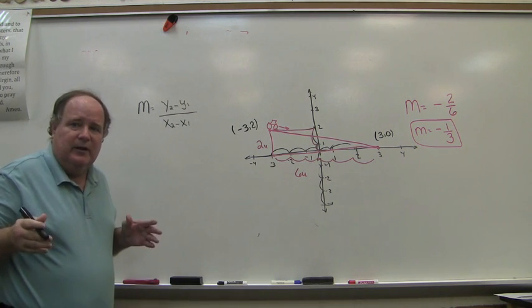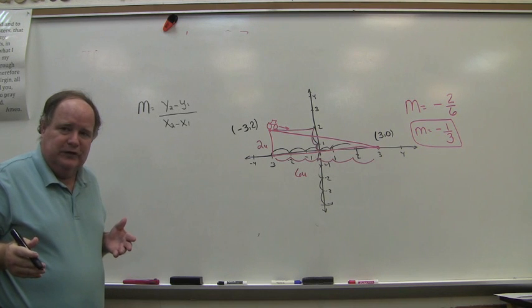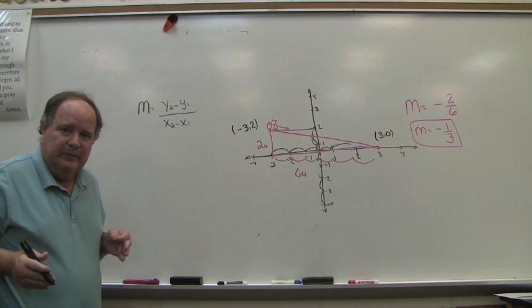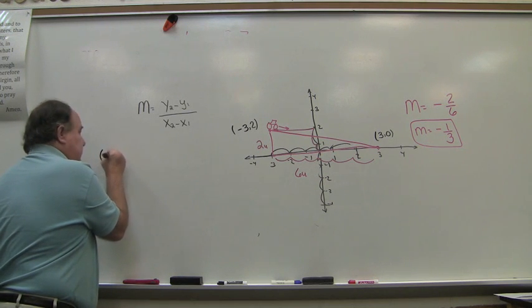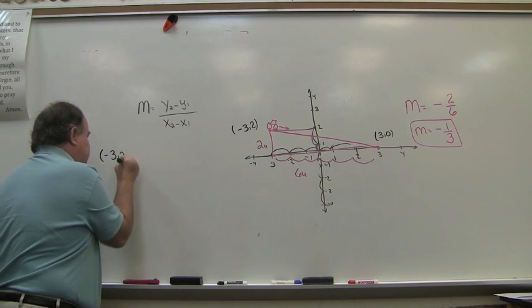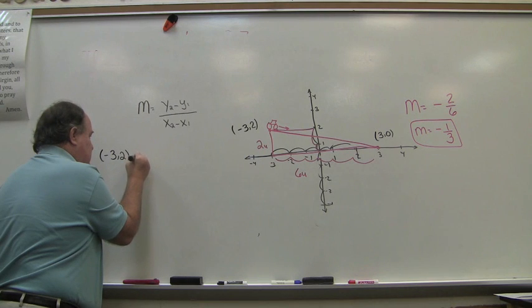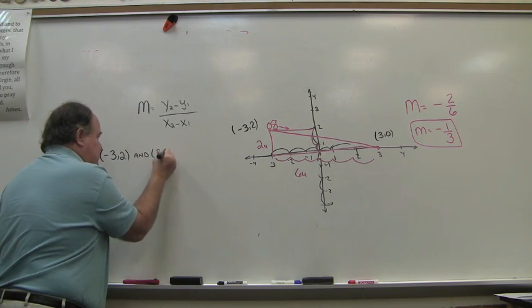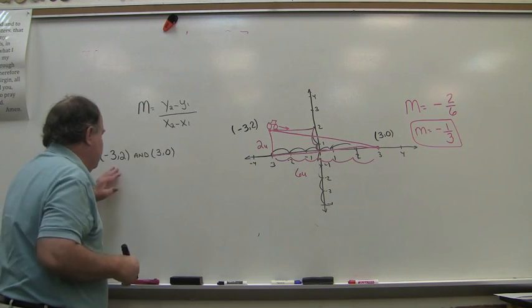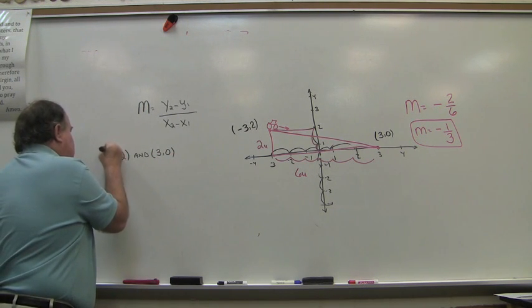Ladies and gentlemen, it doesn't matter which point you put first or second, you're still going to get the correct slope. I'm going to take my 2 points, and I'm going to say negative 3, 2, and 3, 0. And we can name this x1, y1.